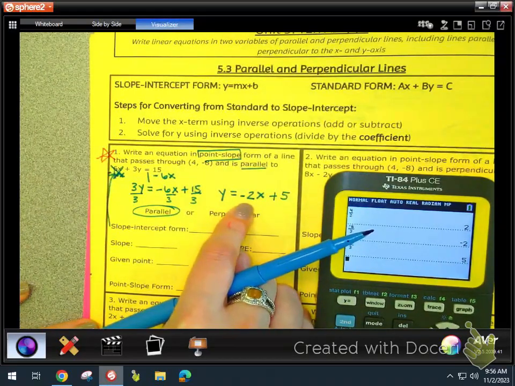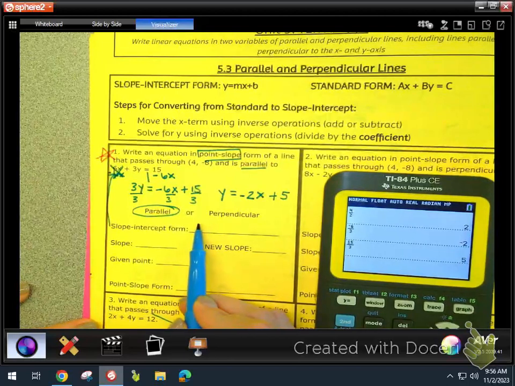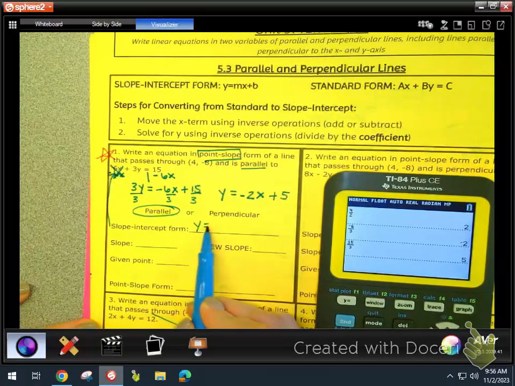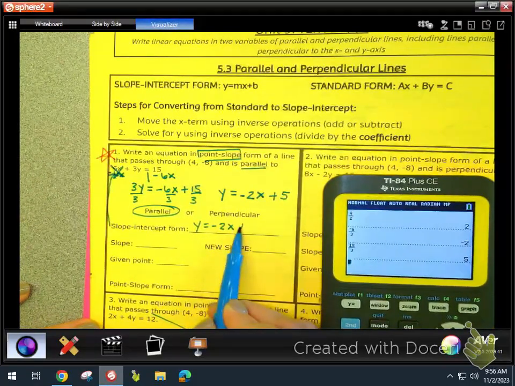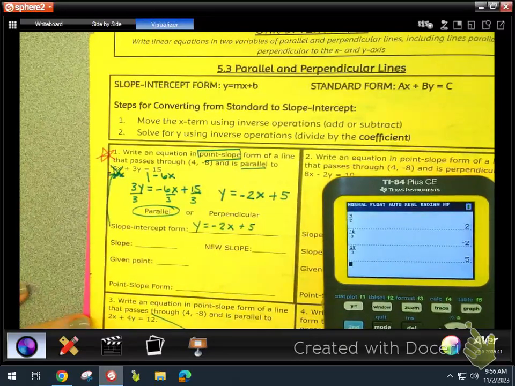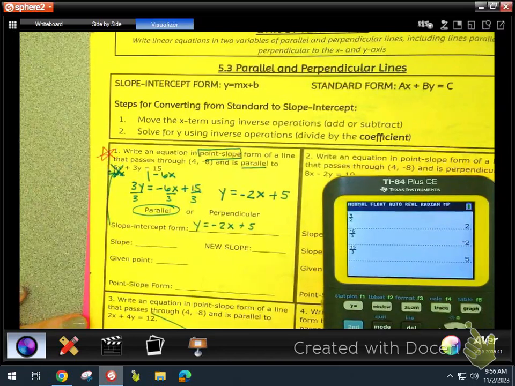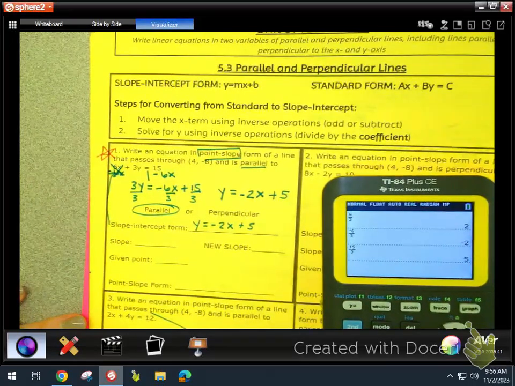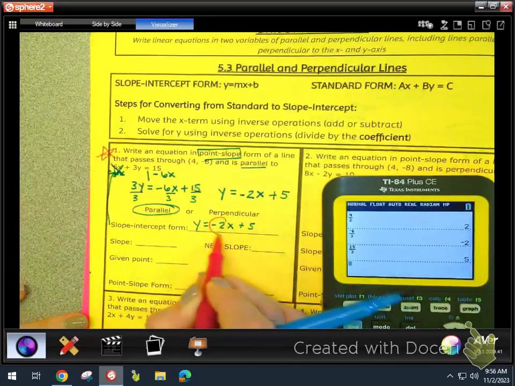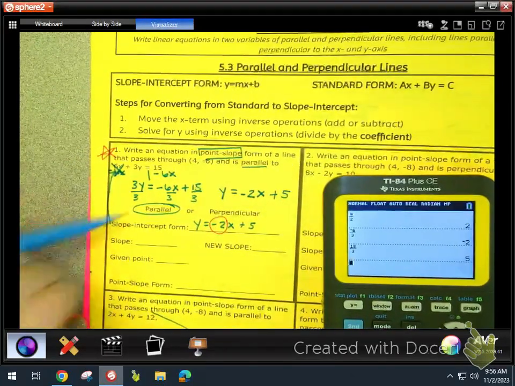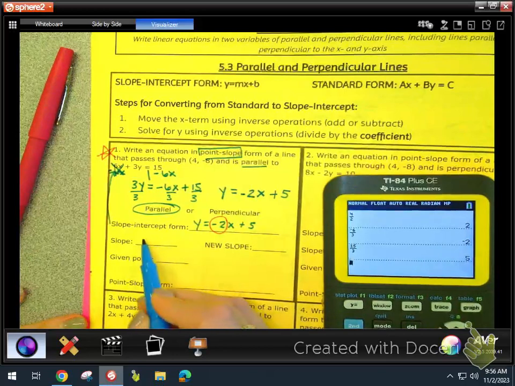That's really the only thing you need there. So the slope-intercept form of the line that they gave us was y equals negative 2x plus 5. Okay? So all that work, and we just scratched the surface of this problem. What do I need to take from that line? That's all I need. What is the slope of that line?